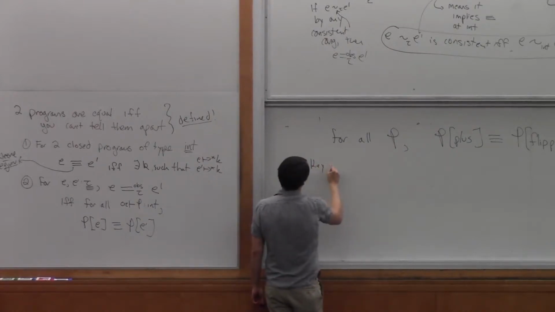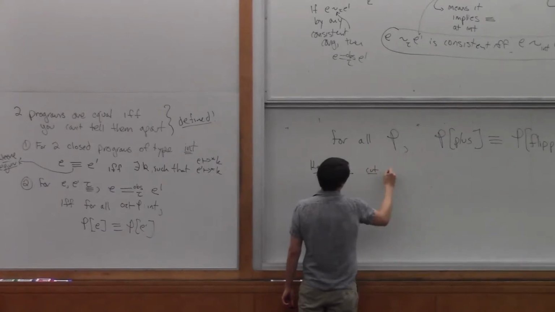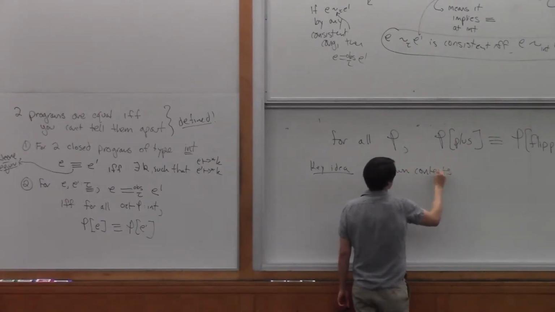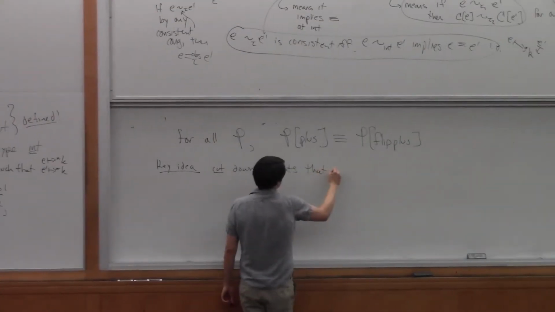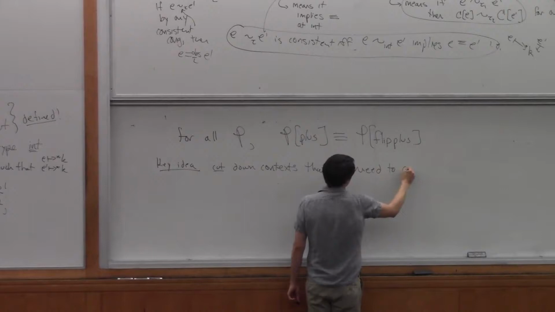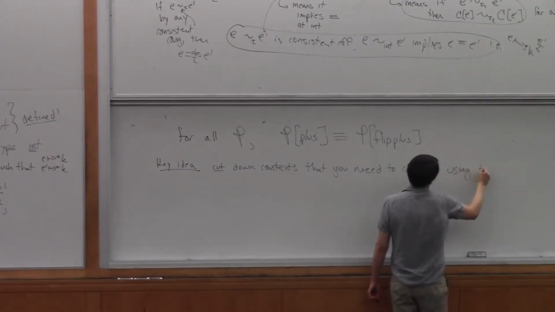And the key idea is to cut down the contexts that you need to consider using types.